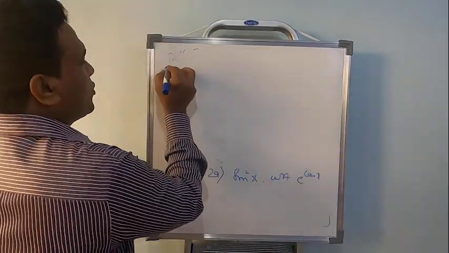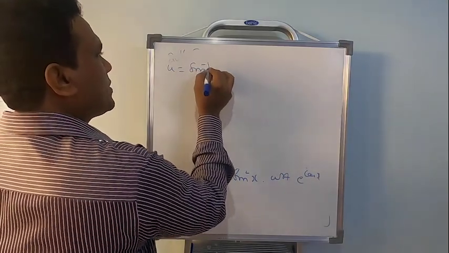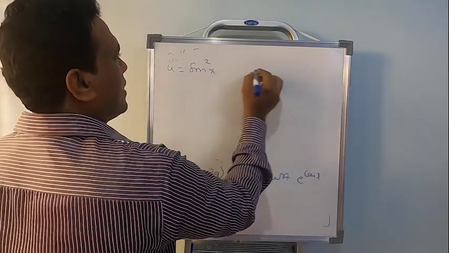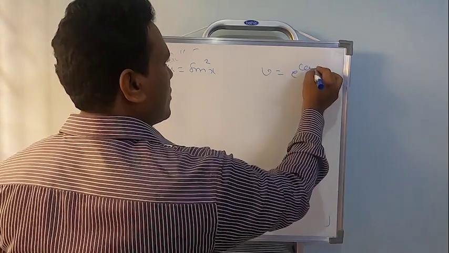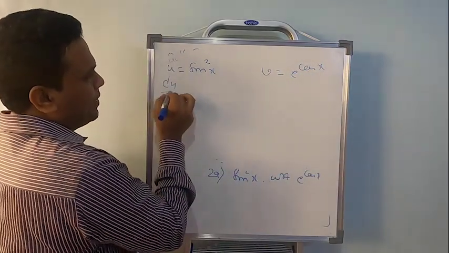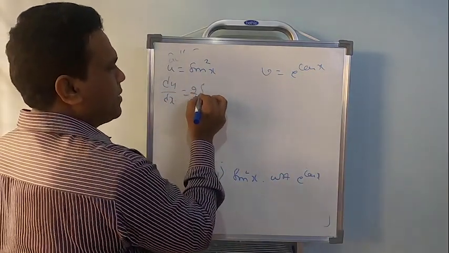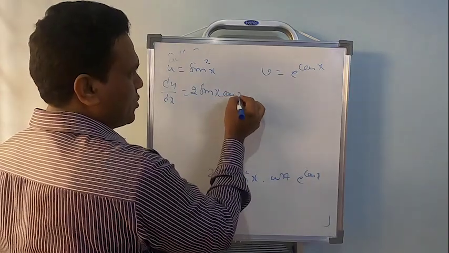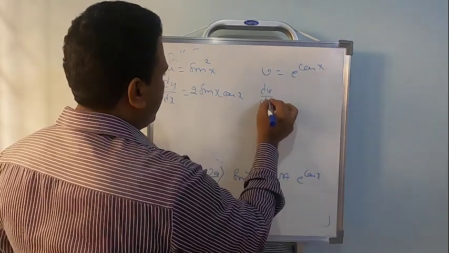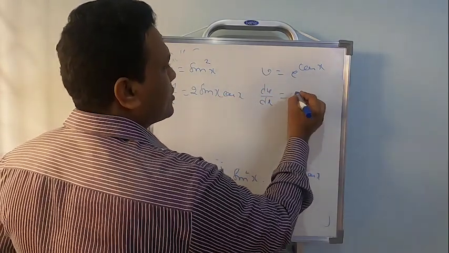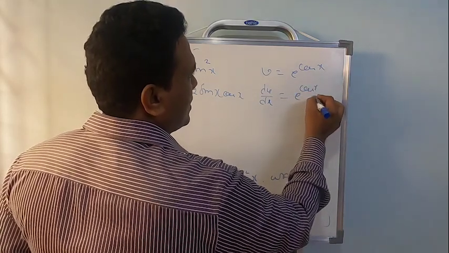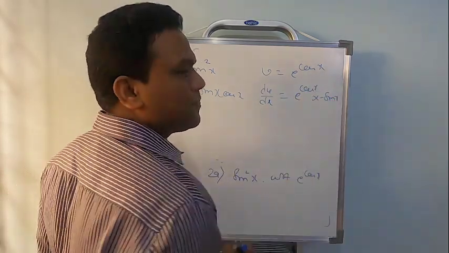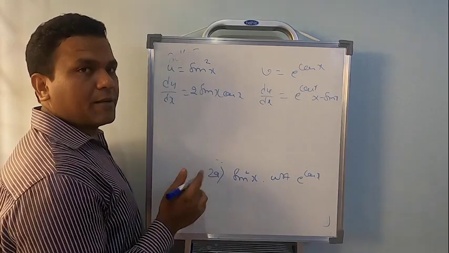So the first thing you have to do is call u equal to sin square x and v equal to e power cos x. Find du by dx, which will be 2 sin x cos x. Find dv by dx, and that's going to be e power cos x multiplied by minus sin x. This is function with respect to function.